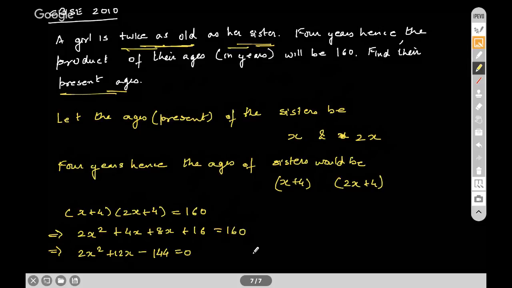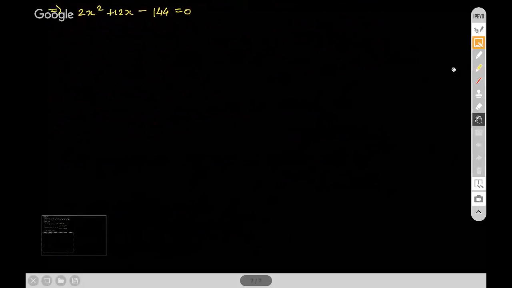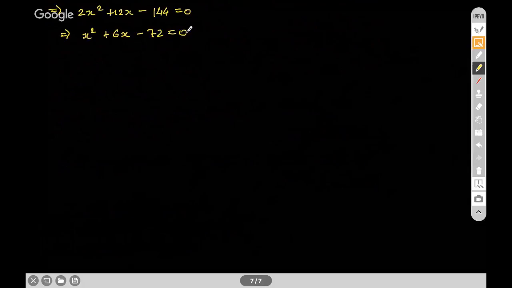This is the quadratic equation, so half the marks will be given here itself if you have done it correctly. Dividing the equation by 2, you'll write x squared plus 6x minus 72 equals 0.